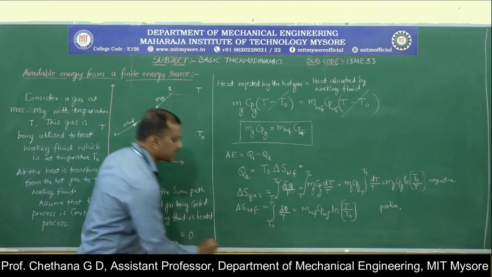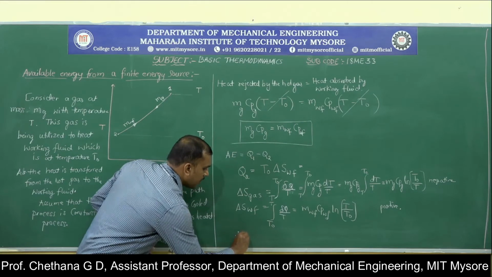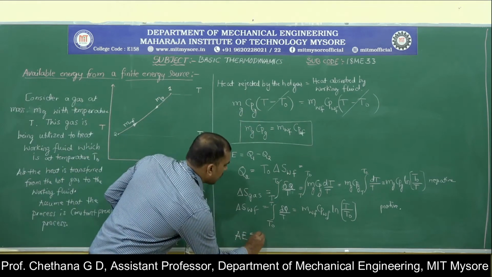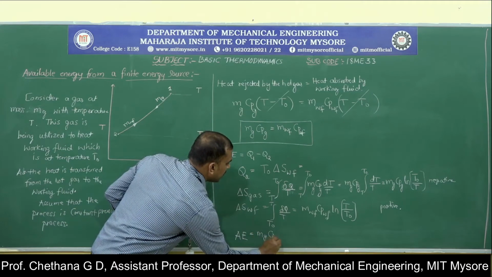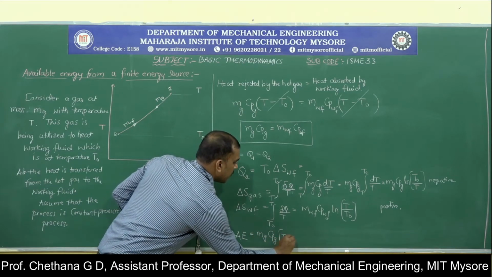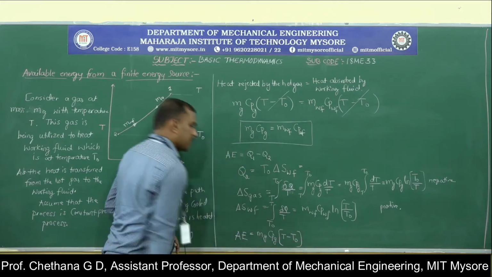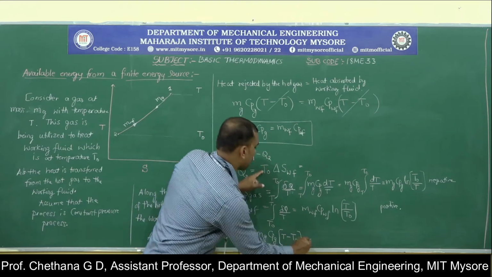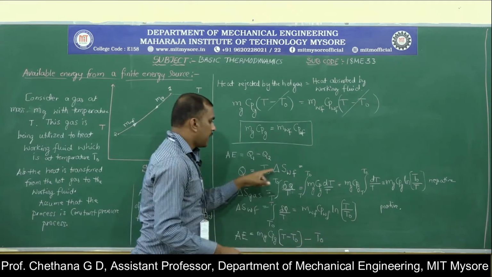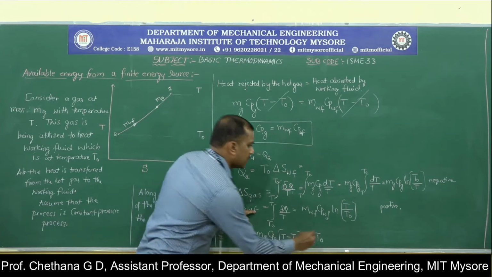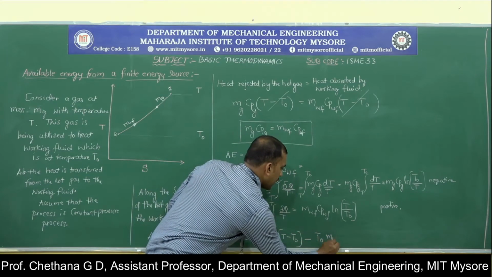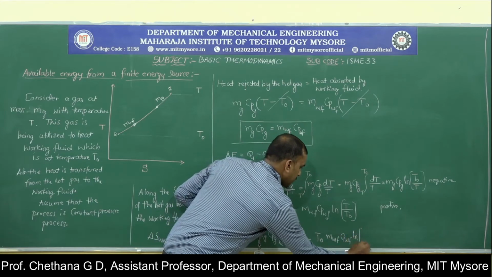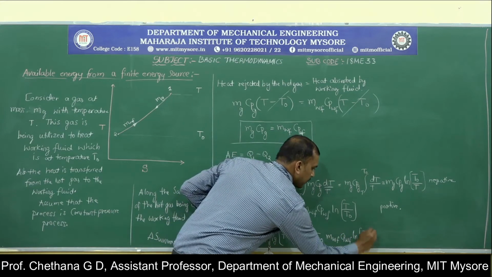Now however, we are interested in available energy. So Q1, you substitute mg cpg T minus T naught. This is Q1. Now Q2 is what? Minus Q2 is T naught, T naught delta S of working fluid, which is m of working fluid Cp ln of T by T naught.